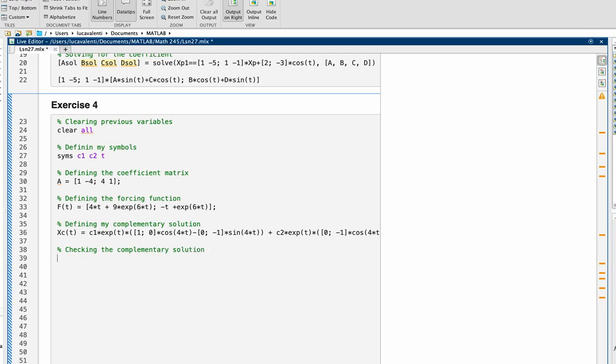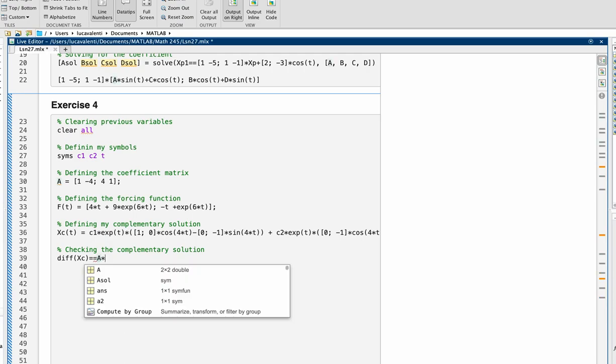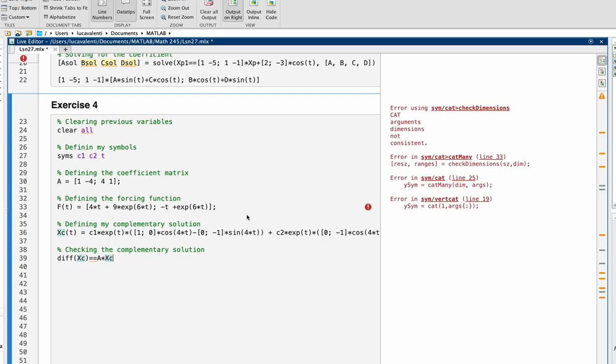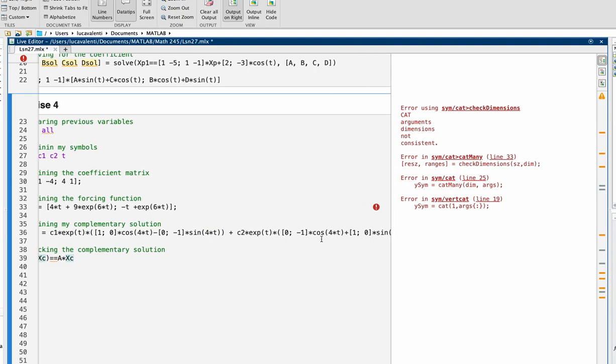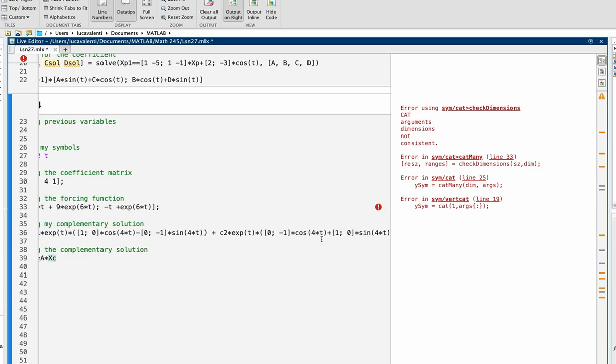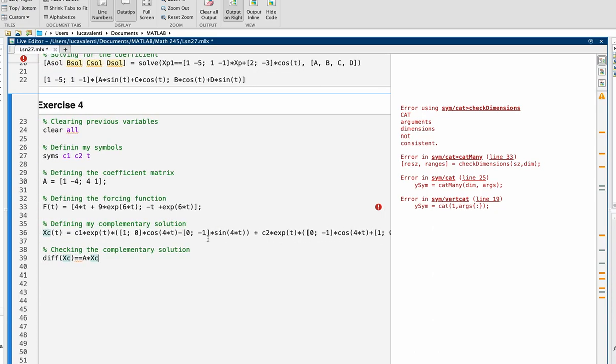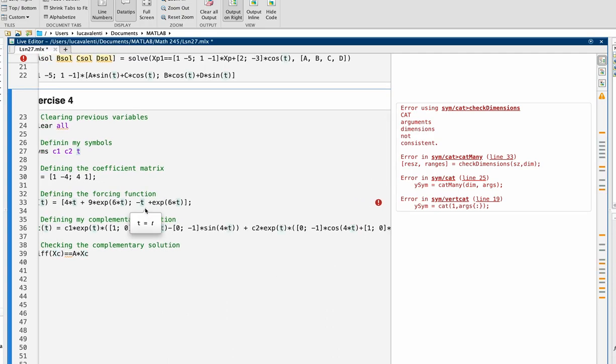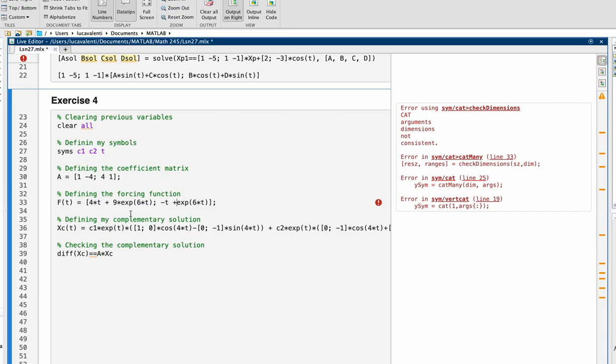that's going to be diff xc, which should be equal to A times xc. And if we do that, we're getting an error here. Dimensions are not consistent. Let's see where the dimensions are not consistent.